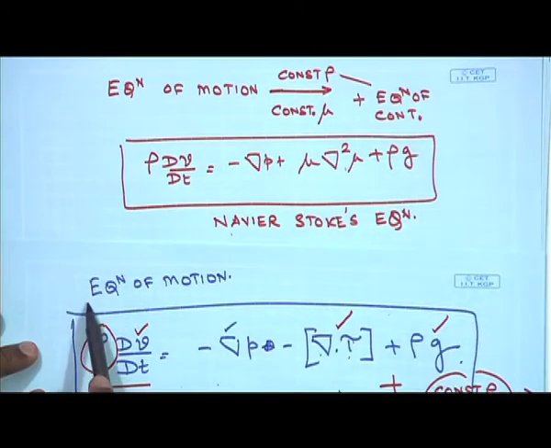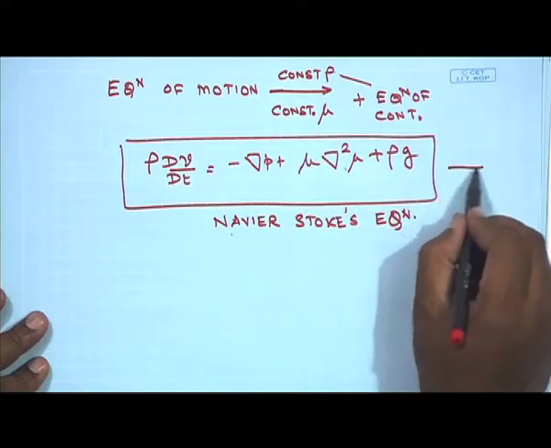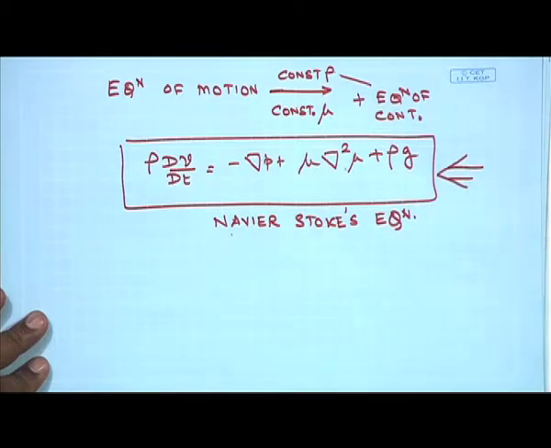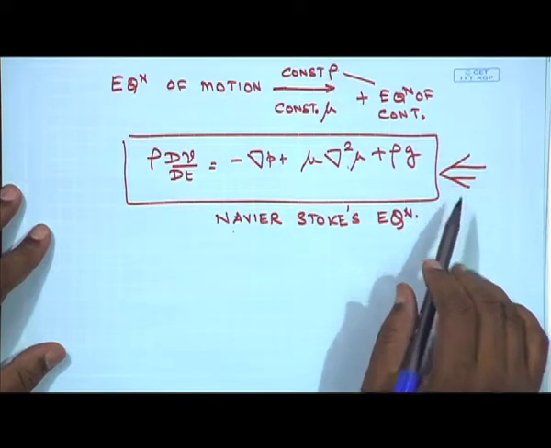So, the equation of motion for the special case when the rho and mu of the fluid are constant gives the Navier-Stokes equation, and this is the one we are going to use in all our subsequent studies of fluid motion.